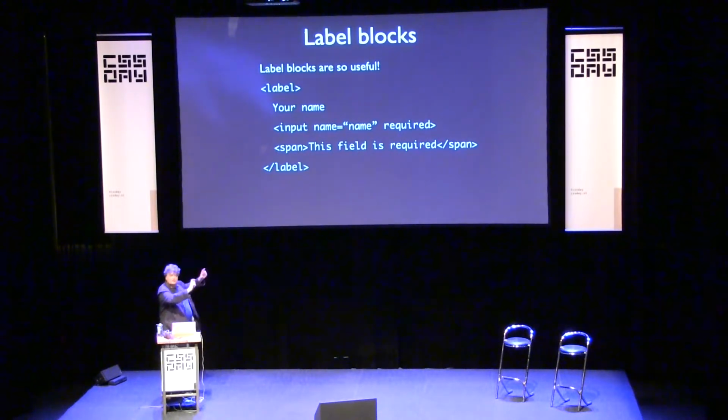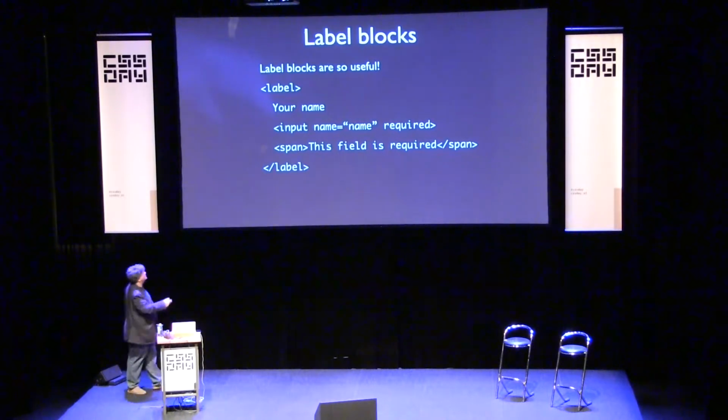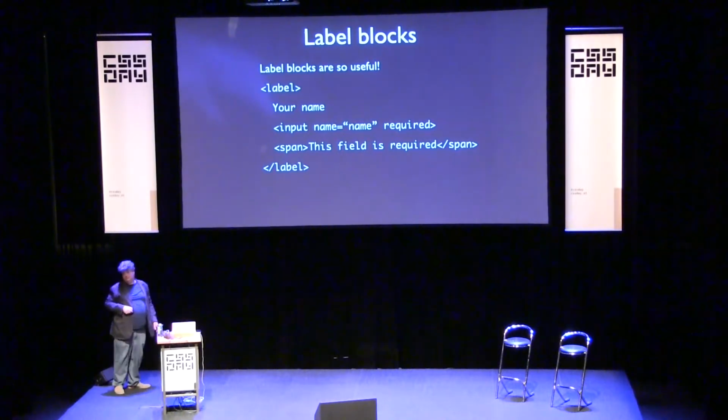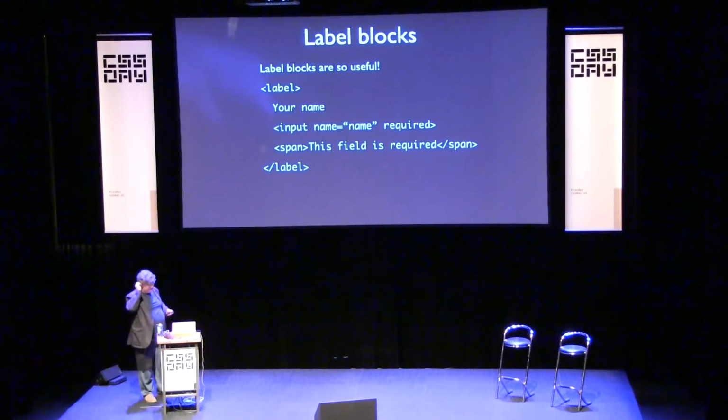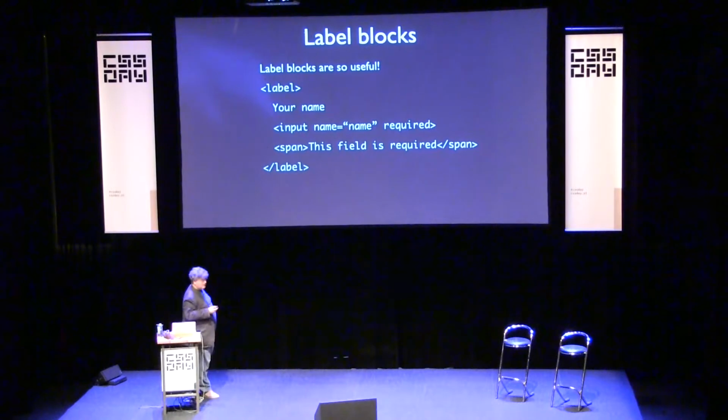You have one form field with an accompanying text. You want that to be one block, followed by a next block, followed by a next block. You don't have to put that in divs or sections or whatever. You can just use a label, because you can just set a label to display block and it will work absolutely fine. So this is why I love labels, and this is why I would like labels to have the valid and invalid pseudo-classes as well, but they don't. Too bad, let's move on.